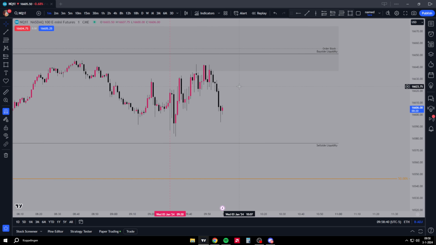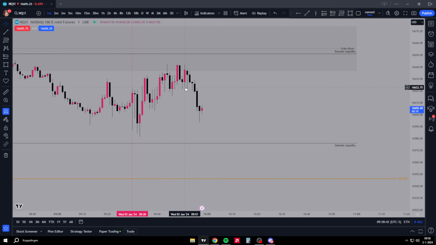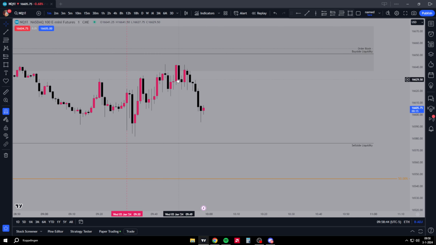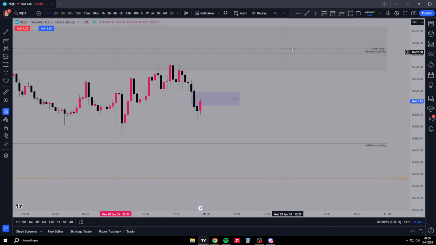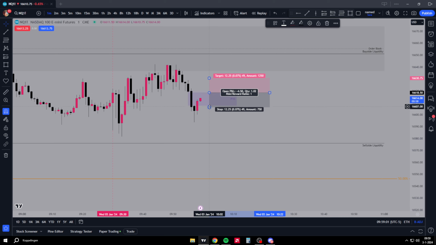All right, so we do have an anticipatory breaker here as well. We have a swing low, swing high, swing low. This would be a breaker, which would be buy side. If we inverse this, then a nice trade would form here.